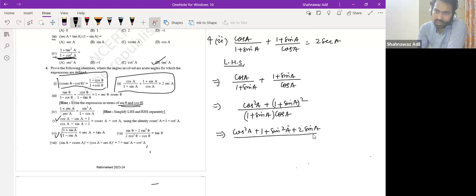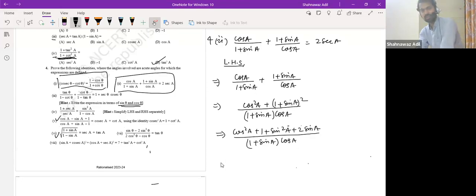Okay, now this cannot be simplified further. So now let us look at the numerator. What is there that can be further simplified?